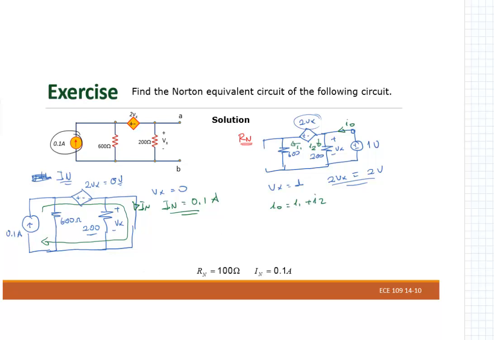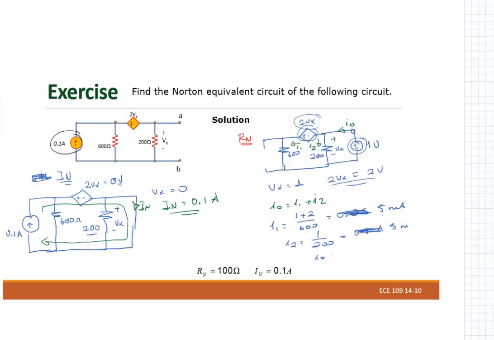How can I find I1? I1 will be equal to 1 volt plus 2 volts, divided by 600. I think it's 5 milliampere. When we find the other one, I2 will be equal to 1 volt divided by 200, which is also 5 milliampere.